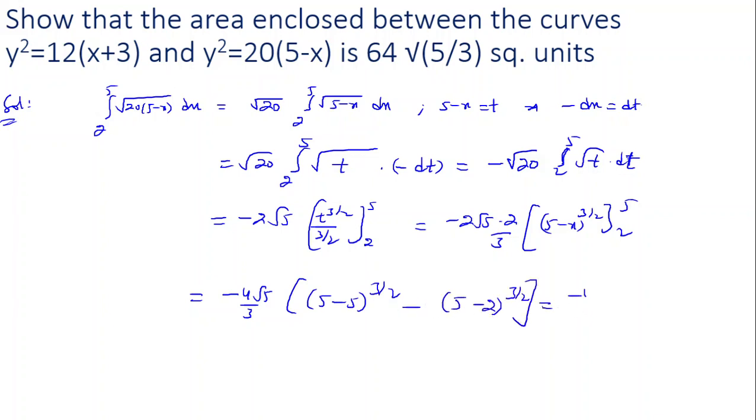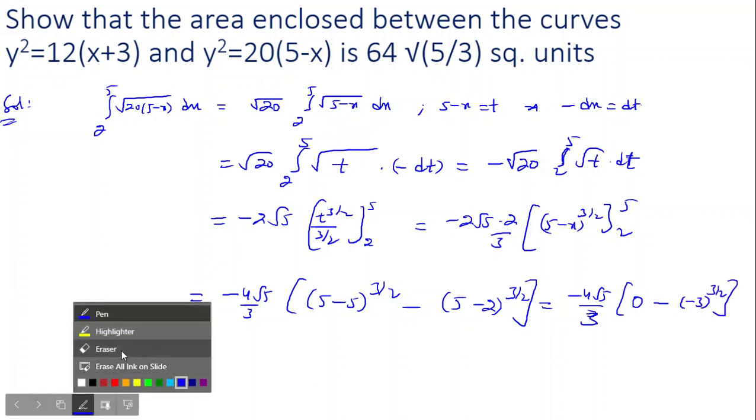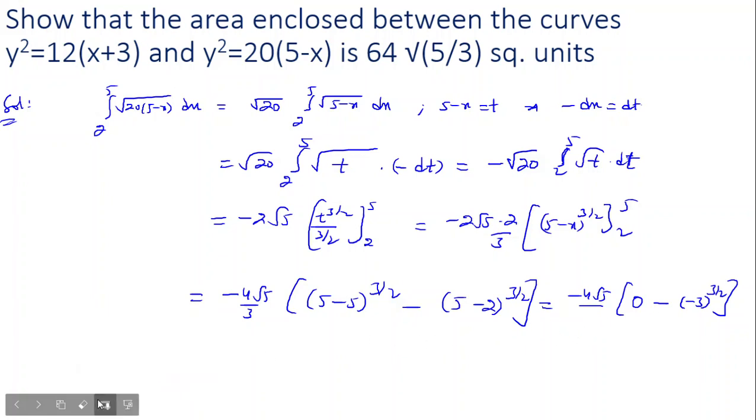So now this is equal to minus 4 root 5 by 3 of 0 minus 3 whole power 3/2, isn't it? So this minus and this minus get cancelled and it becomes plus.